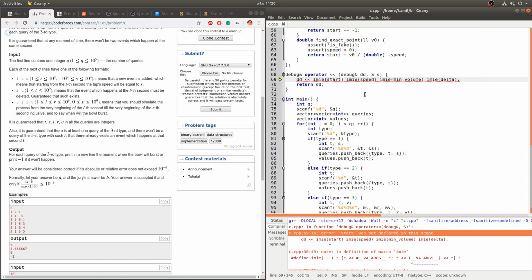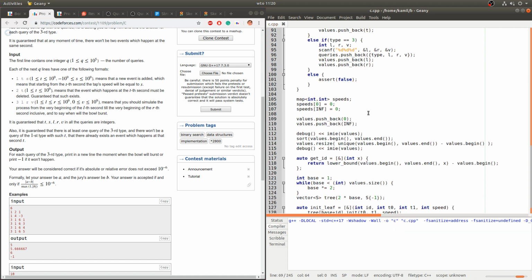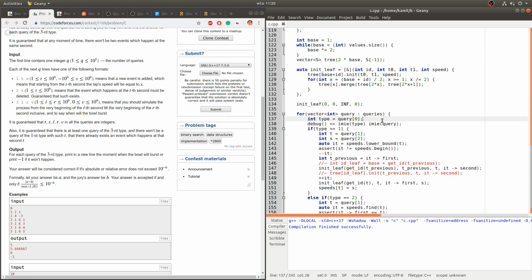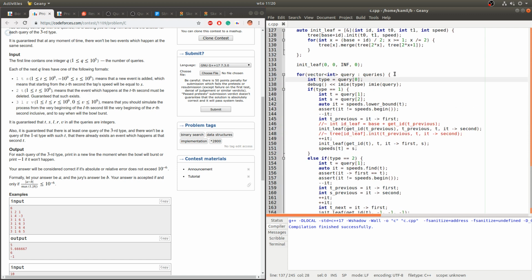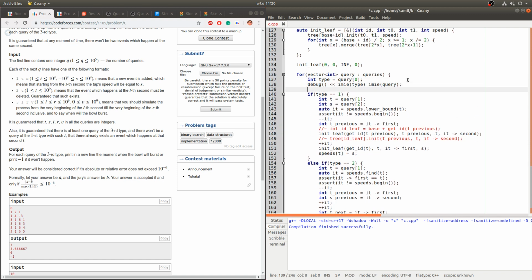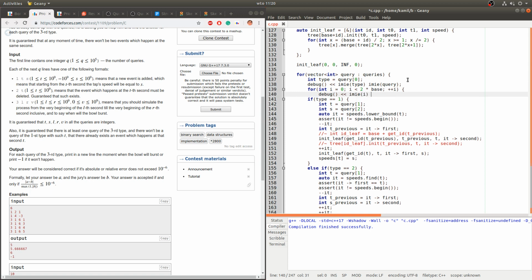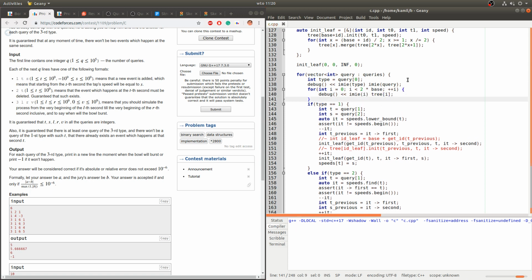It should be as dot. So I print attributes of that struct. Now I think I can print from 0 to 2 times base. I can print the node.